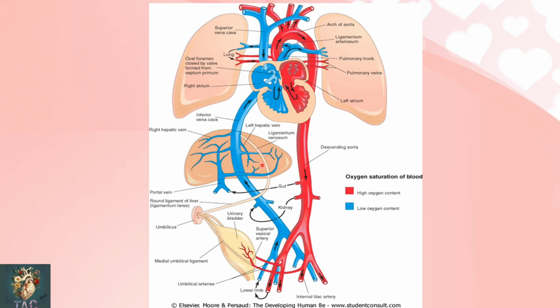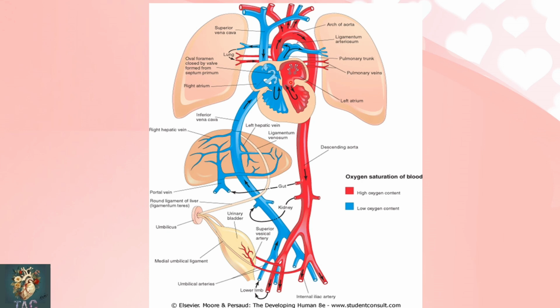So these two are very important MCQs: the umbilical vein forms the round ligament of the liver, called ligamentum teres hepatis, and the ductus venosus forms the ligamentum venosum. Also, the foramen ovale closes because of changes in pressure.